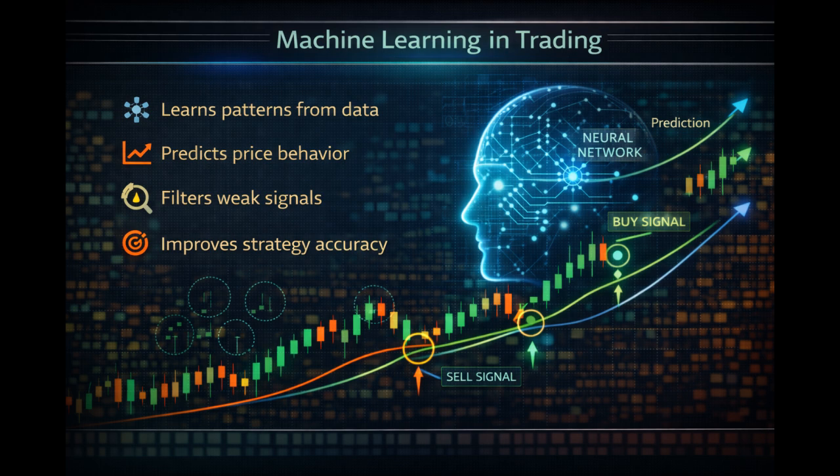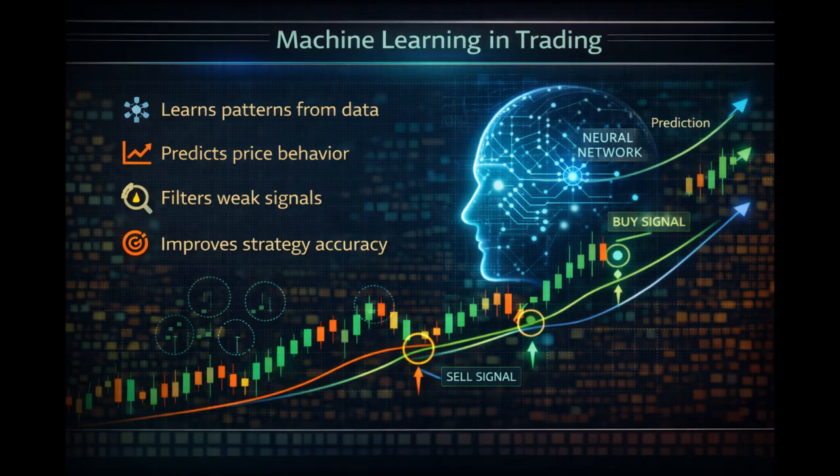Traditional trading strategies often rely on predefined rules such as moving averages or support and resistance levels. Machine learning models, however, can discover hidden relationships within market data that may not be easily visible to human analysts. For example, a machine learning model may analyze thousands of historical Bitcoin price movements and detect patterns that frequently occur before large upward trends.